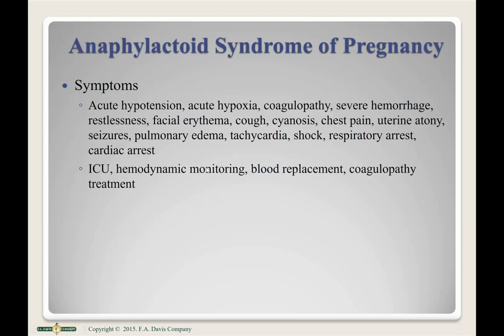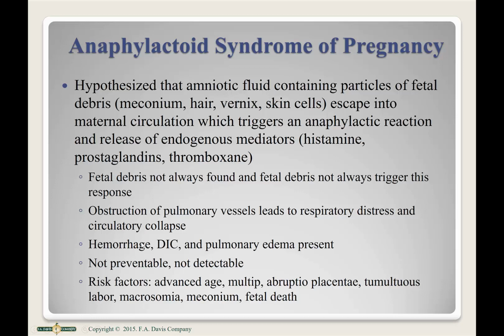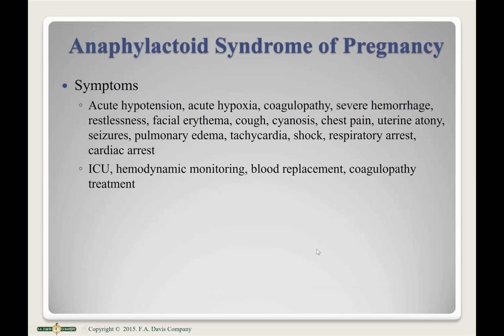So we need to do ACLS, CPR. If we get the woman back, then she's going to be in ICU, hemodynamic monitoring. She may have hemorrhage. She may go into DIC. She may end up with pulmonary edema. We don't know.